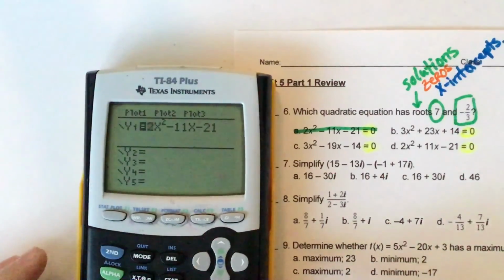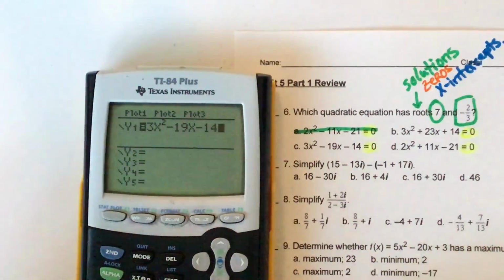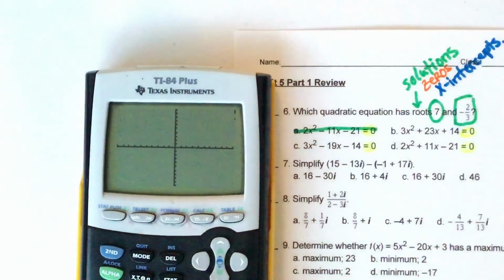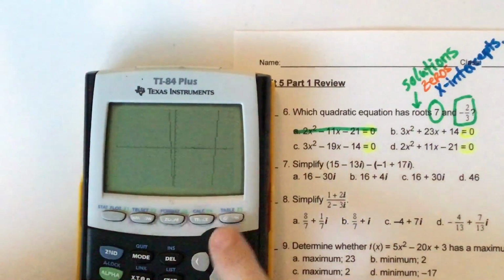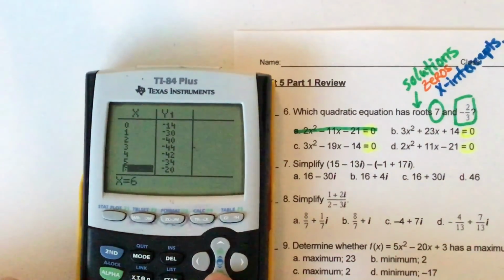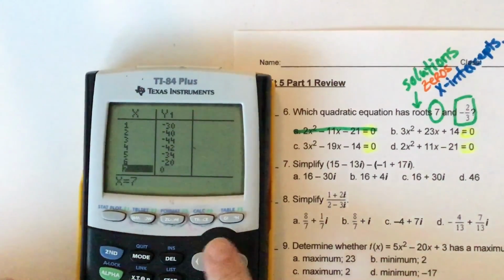Okay, let's just look at C, since C happens to be right there. I'm going to type that in: 3x squared minus 19x minus 14. Let's hit graph. Now that looks like another 7, so let's see. Sure enough, 7 is an answer because there's a 0 in the y column.